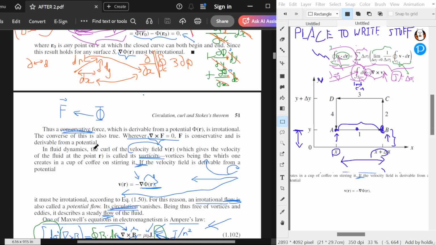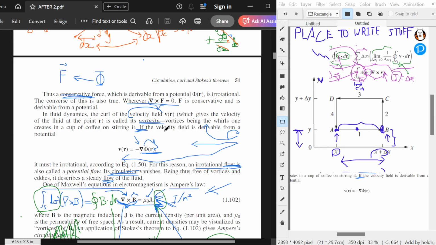In fluid dynamics, the curl of a velocity field, which gives the velocity of the fluid at point r... If the velocity is derivable from a scalar field, it must be irrotational.